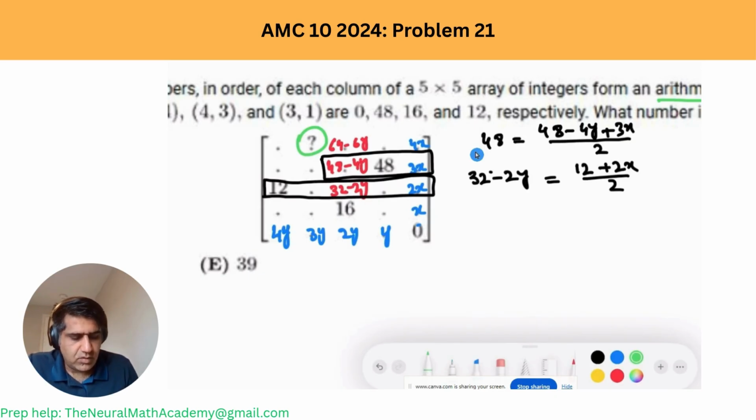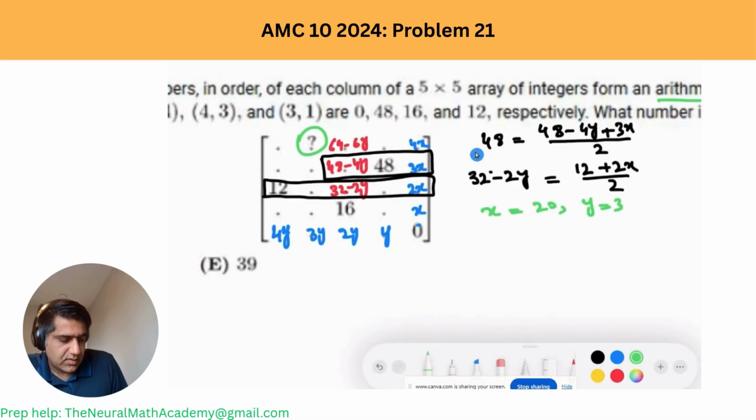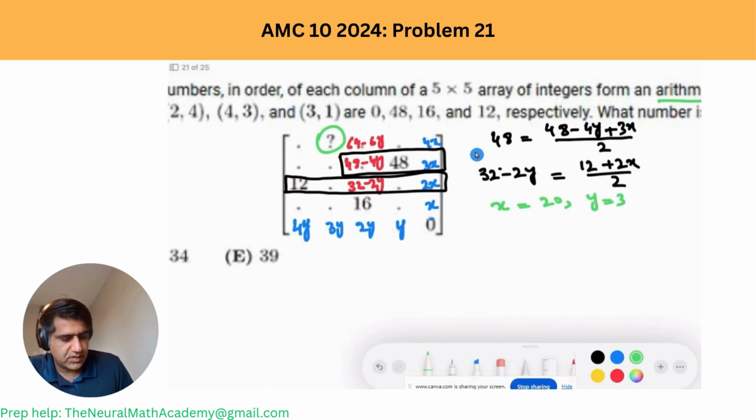Now if I solve these two equations with any of the methods, I will get x equal to 20 and y equal to 3. I will skip the part of solving the equations because I'm pretty sure you know how to use the substitution method or the elimination method, and you can do it yourself.